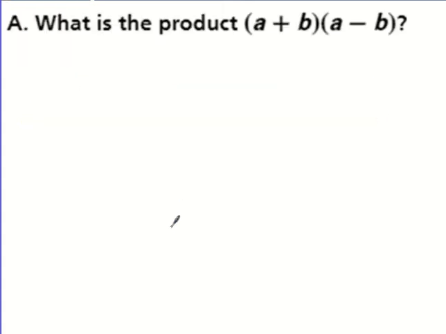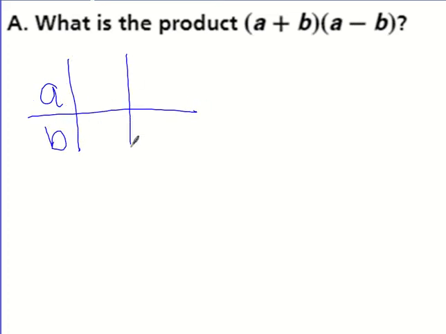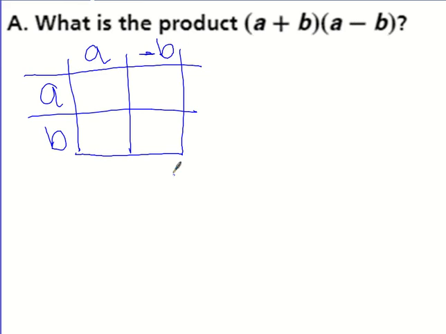So this one says, what's the product of a plus b and a minus b? So they're not exactly the same thing. One's plus, one's minus. Again, I'm going to use my table method. And like I said, I really like the table method. So I'm going to put a, and I'm going to put negative b right here.